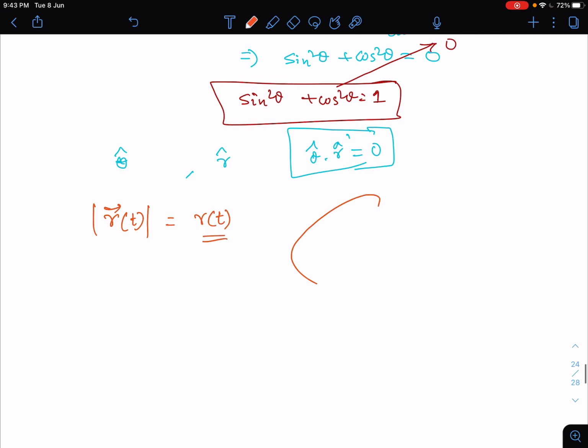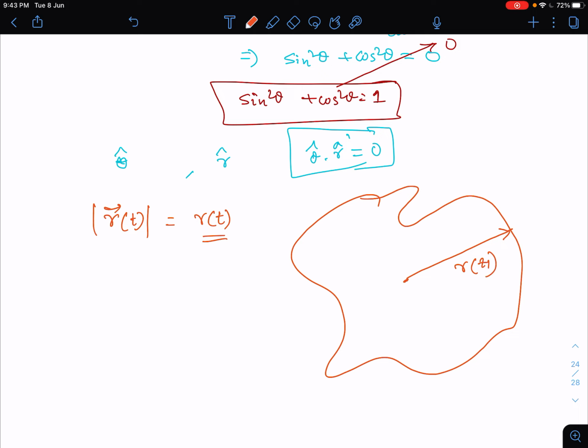Let's say here you have a radius at time t1, and here it is at time t2. The magnitude of this is not equal to the magnitude of this. The same for here, here, here. So here the magnitude of r as well as the direction of r is changing.